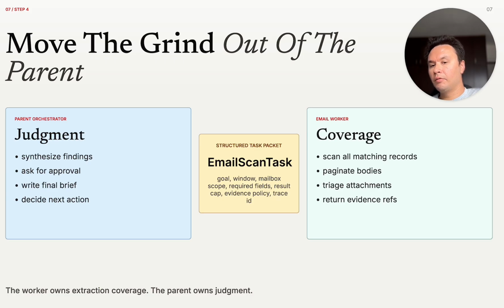And even for that extraction coverage, you can create skills, so these less intelligent models can figure out the exact contract and the exact step-by-step instructions for them to follow. Once you draw that line, a lot of the trace flow just disappears, because the parent is no longer being asked to look at things it was never going to use.